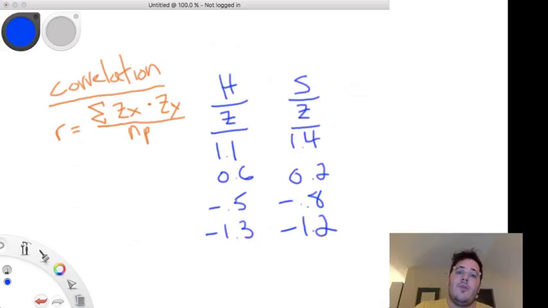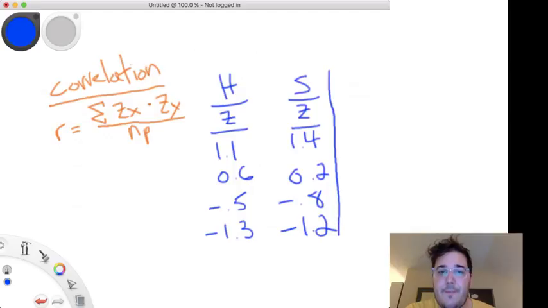Okay, so what you would then do to calculate r, and I just want to make sure this is crystal clear, the first thing you do is multiply zx by zy. So 1.1 times 1.4, let me just take out my calculator so we can do it.